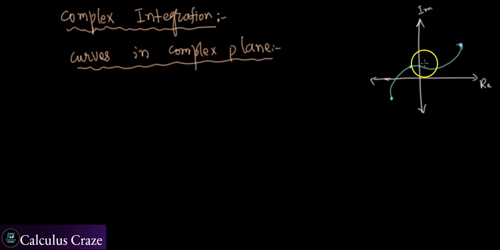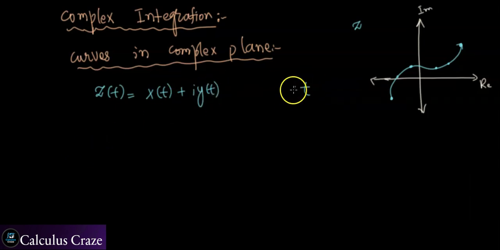Each point z on this curve can be defined by a complex function z of t equal to x of t plus iota times y of t, where t is running between two real numbers, a and b.